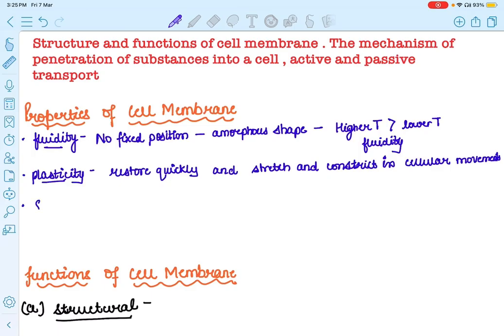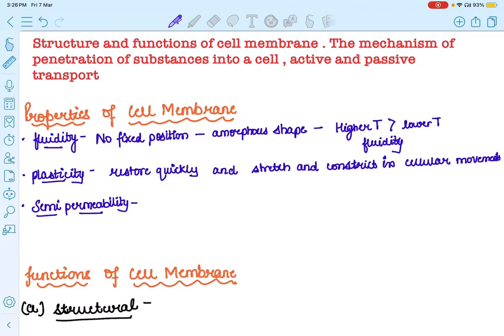The third one is semi-permeability. You may be wondering why I have pronounced this word twice. It is made up of two words, semi and permeability. Semi means half, while permeability means permission, giving permission to something, which means it allows only selective molecules to pass in and out of the cell.